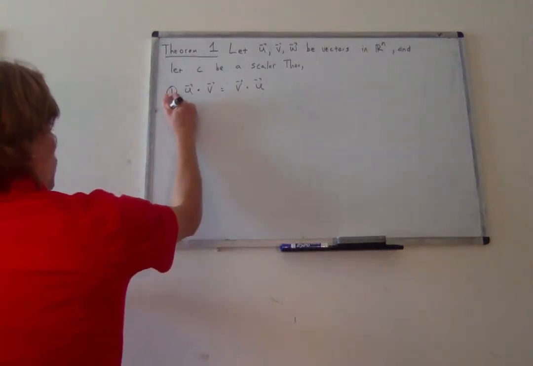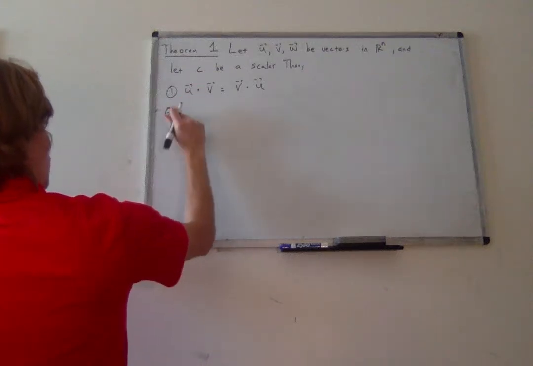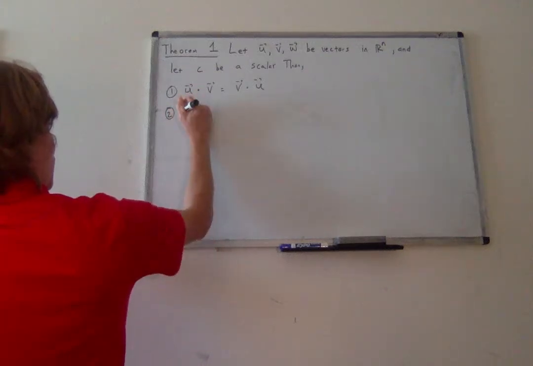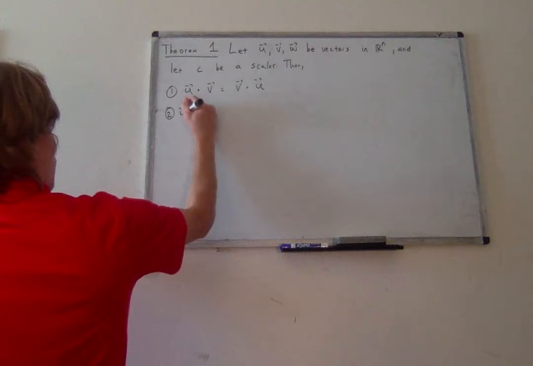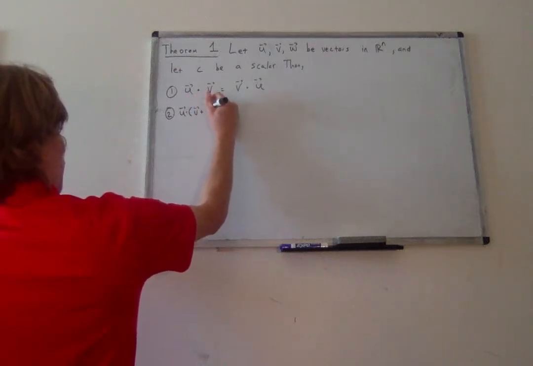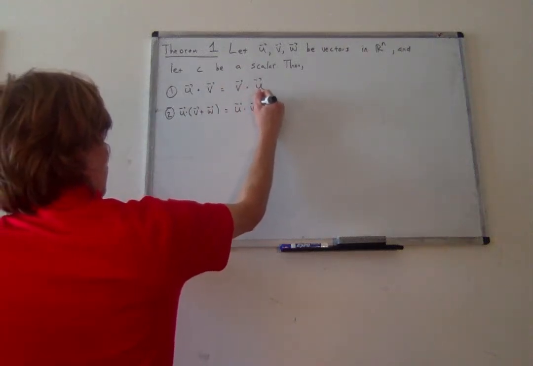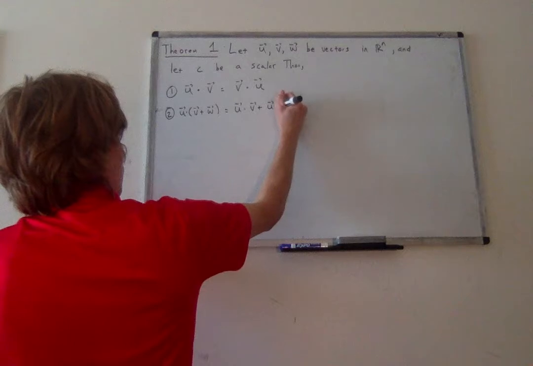The second property is one we actually just saw. So u dot (v plus w) is equal to u dot v plus u dot w.